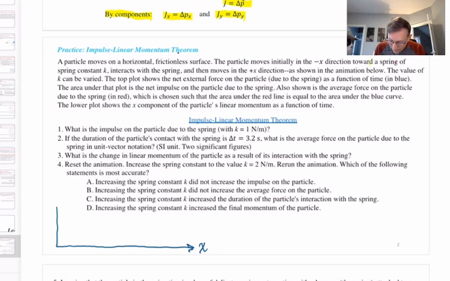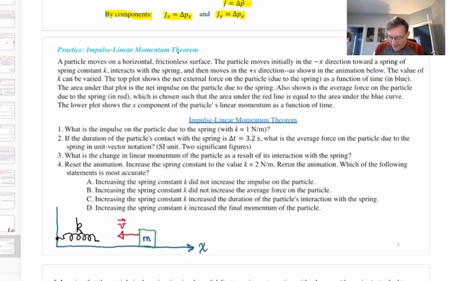We've got a particle, which is going to look surprisingly like a box, and it is initially sliding, traveling in the negative x direction. It's got a velocity, and since it's got some mass, m, and velocity v, it will have some initial linear momentum, m times v. It's traveling towards a spring of spring constant little k, with one end of the spring fixed to a wall, the other end of the spring free.